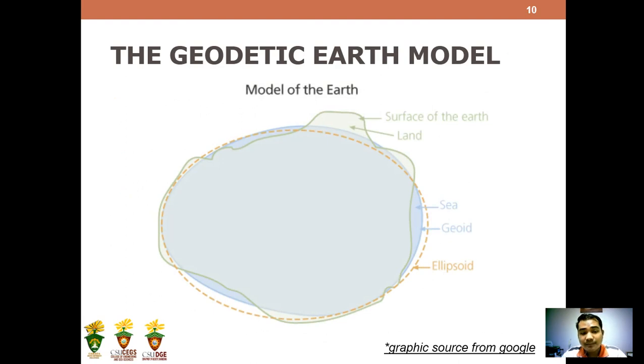And here's an example figure. If this is the terrain or the surface of the earth, the blue one is the geoid, which approximates the surface of the earth, and from the geoid we can make an ellipsoid, which approximates the geoid.